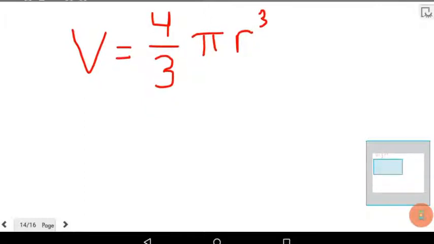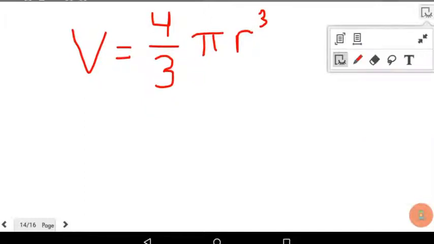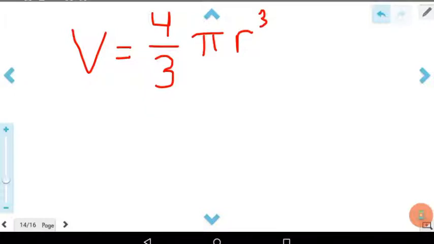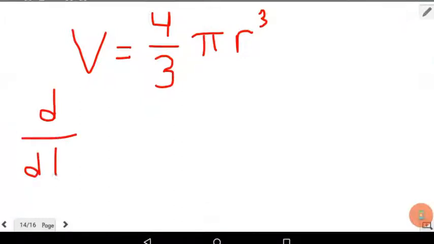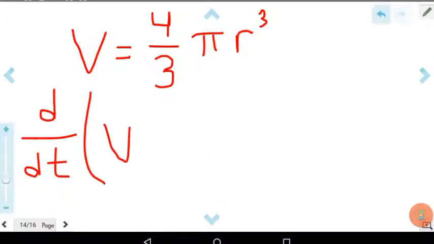So I'll write here, we are going to be taking the derivative of all of this with respect to time. Right? So time is our variable, v and r are functions of time.